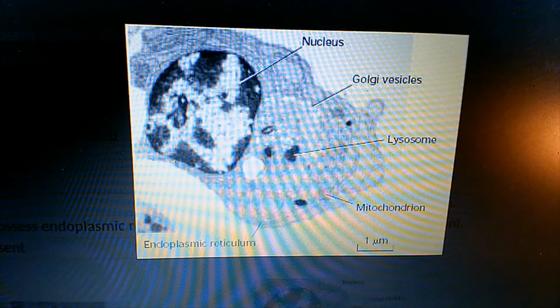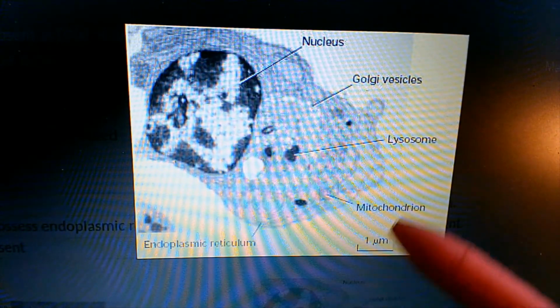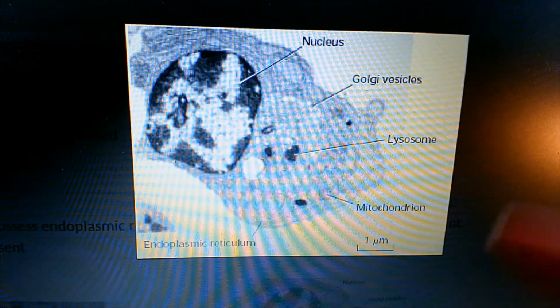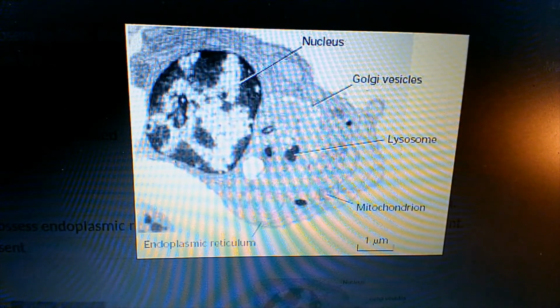Mitochondria, okay, so there's a mitochondria in there. Mitochondria are another organelle that we're going to be talking about. And you can see that's 1 micrometer. You could probably fit maybe 8 or 9 of those across, maybe 4 or 5 of them across the other way. So you can see that this is a bigger cell than the other cell that we just looked at.